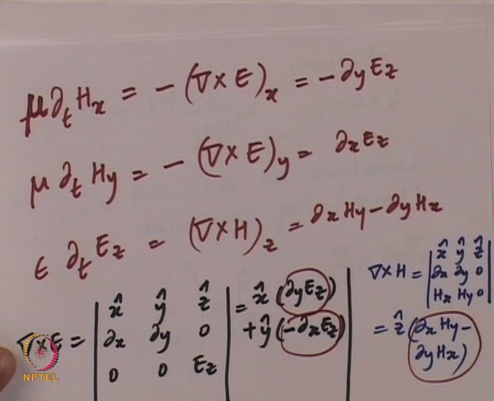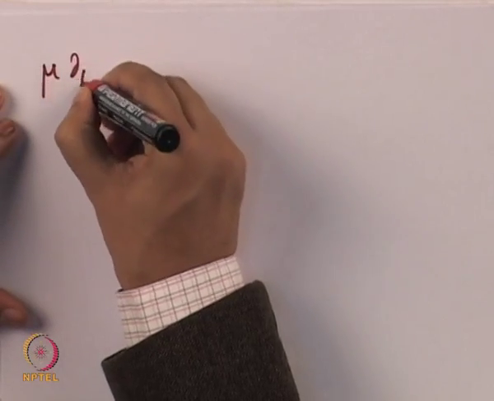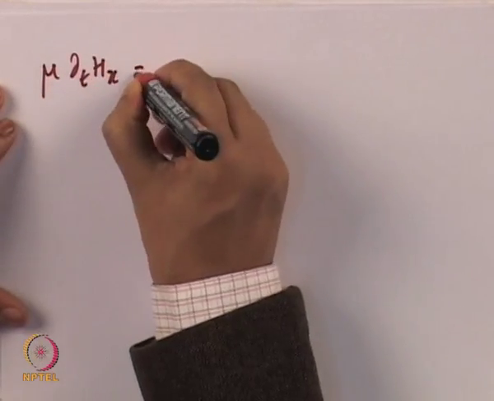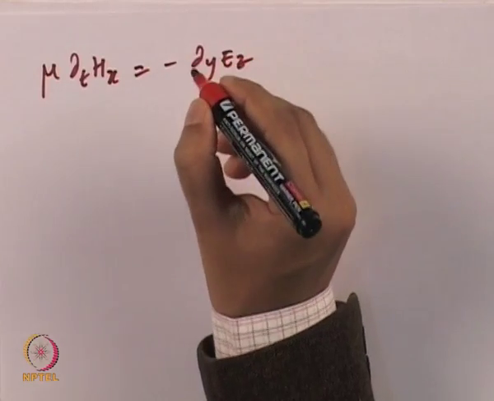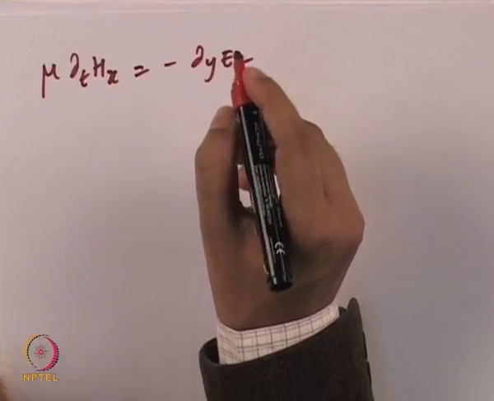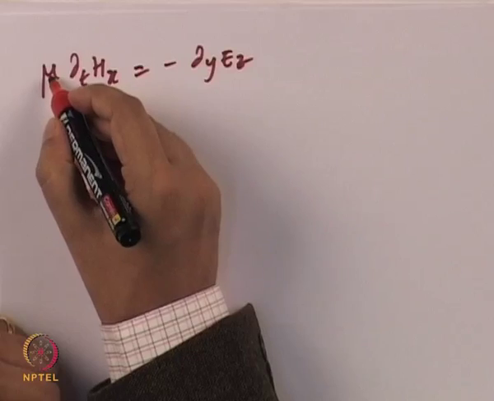We will start with the basic equation. So we have mu dt Hx equal to minus dy Ez, and I am going to plug in the value for mu.